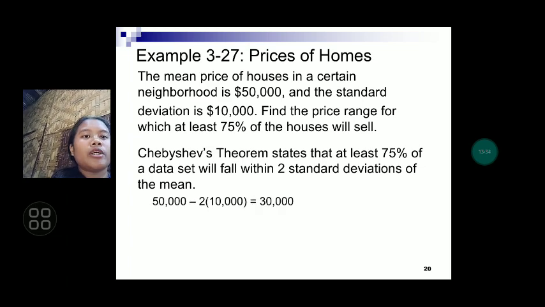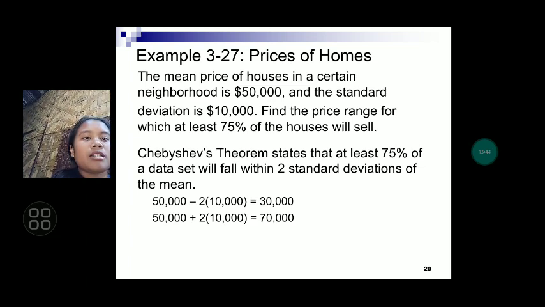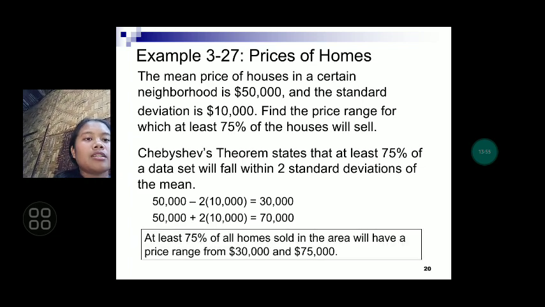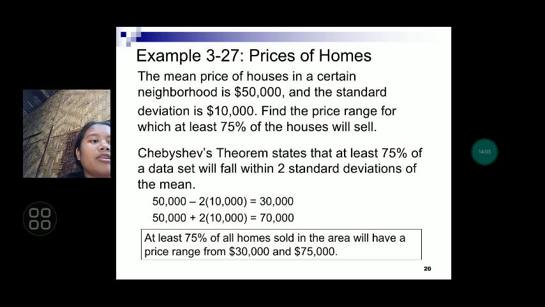So $50 minus 2 times $10 equals $30, and $50 plus 2 times $10 equals $70. At least 75% of the homes sold in the area will have a price range from $30 to $70.